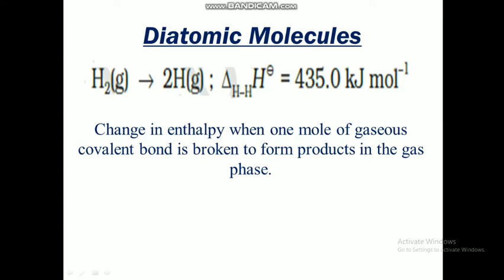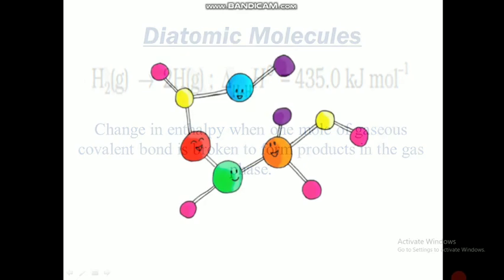So in case of diatomic molecules, it is very simple. We just need to find out the enthalpy of breaking of the bond and write it as a value. But in case of polyatomic molecules, there are a lot of types of molecules and a lot of atoms involved. In that case, the bond breakage enthalpy of this particular bond will not be the same as of this one.